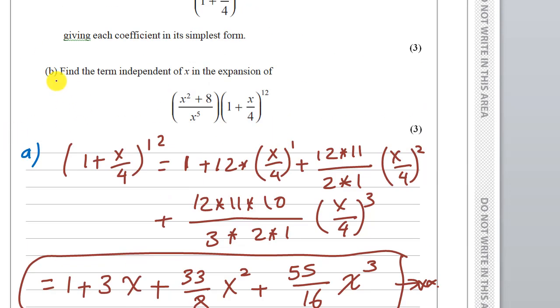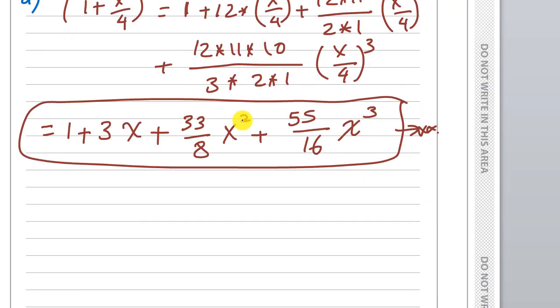Let us go ahead. Find the term independent of x. So we need the term of x power 0, the term without x, in the expression (x^2 + 8)/x^5 multiplied by (1 + x/4)^12.